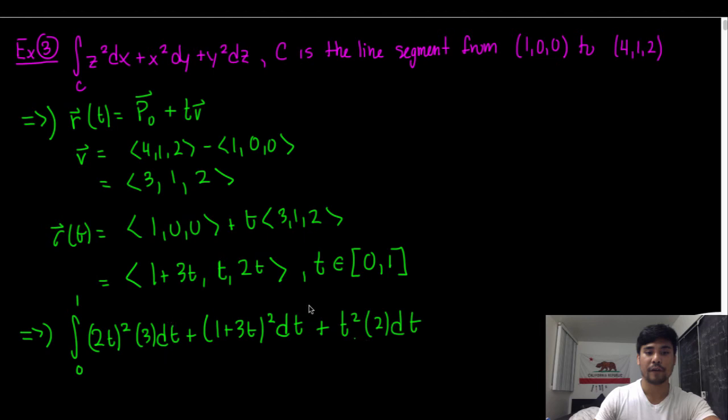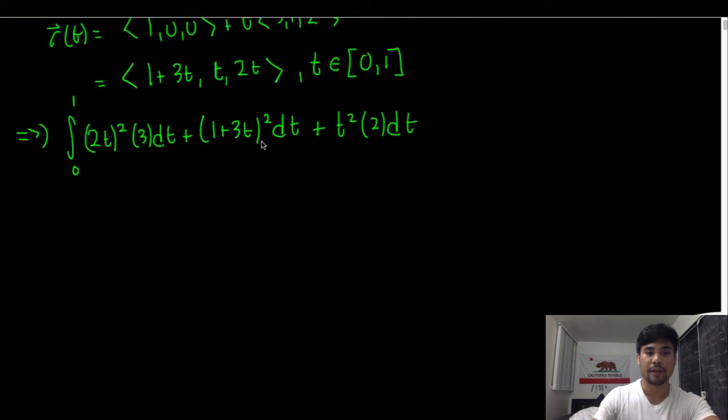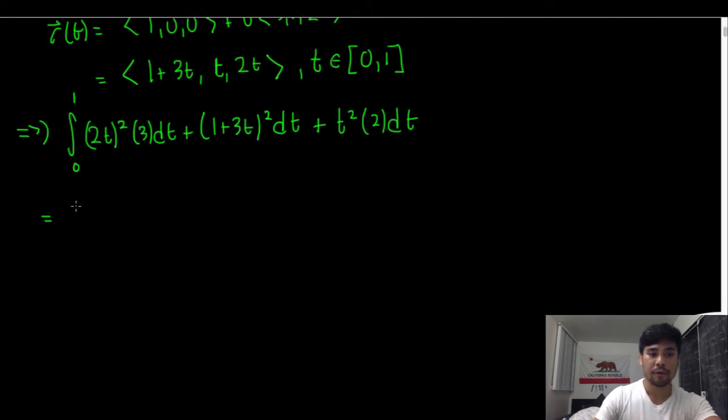Notice how all three of these terms have a dt, so I can just factor out that dt on the outside. We're still left with the integral from 0 to 1 of, let's say, 4t squared, times 3, which will be 12t squared, plus 1 plus 3t squared will be 1 plus 6t plus 9t squared. Okay, and then plus 2t squared.